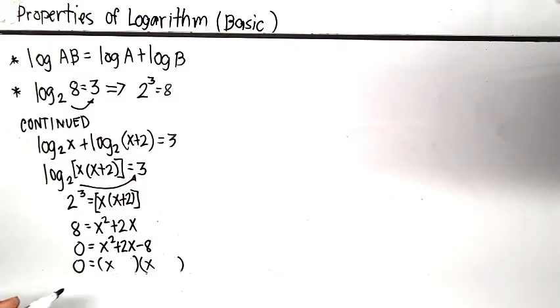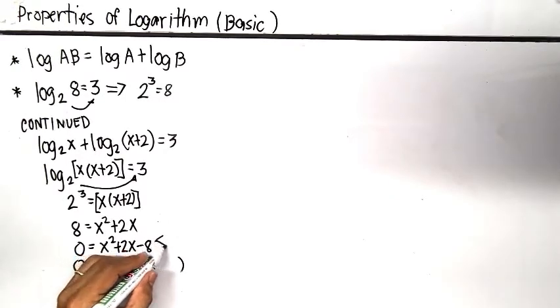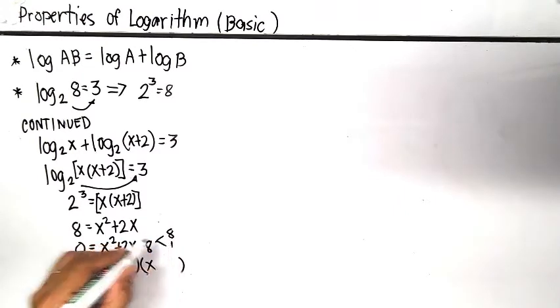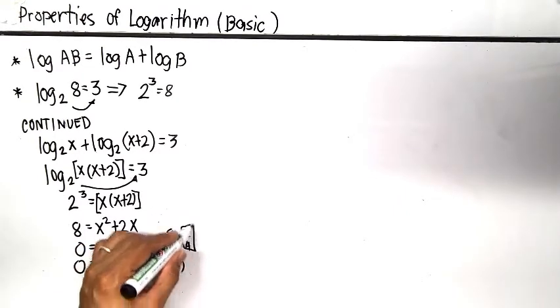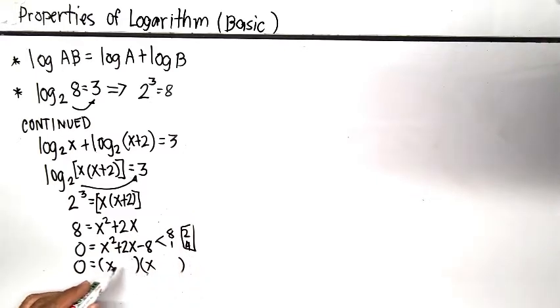Continuing with the quadratic equation, the factors of 8 could be 8 and 1, or 2 and 4. The needed set of factors will be 2 and 4. So we write 2 here and then 4 here, and to get a middle term of positive 2x, this should be plus and then minus.